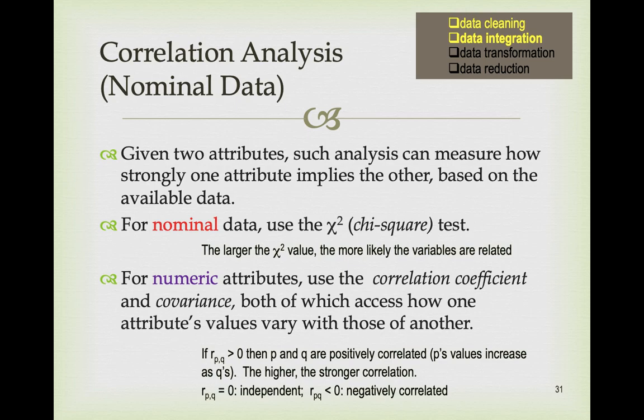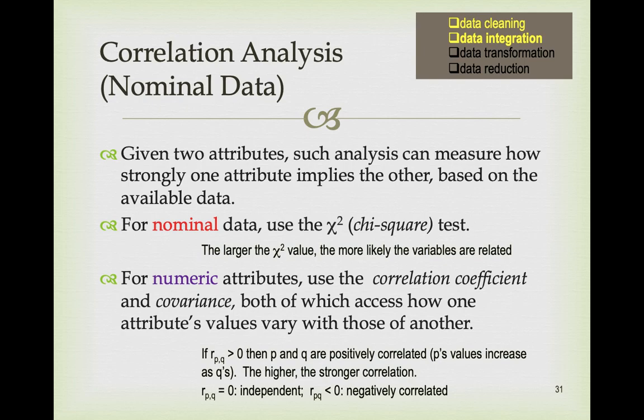Okay, for example, if R of P,Q is more than 0, then P and Q are positively correlated: P's values increase as Q's. The higher, the stronger the correlation.